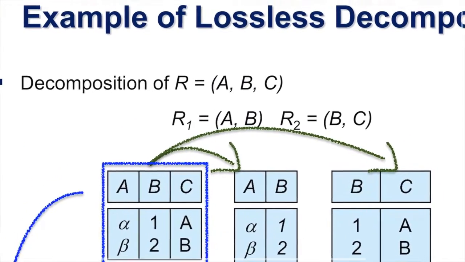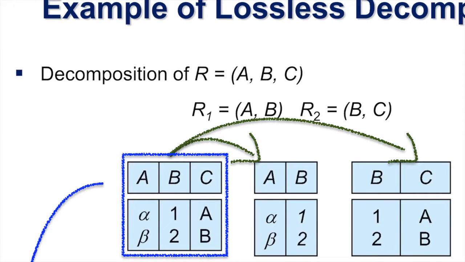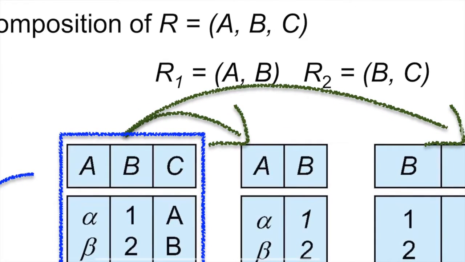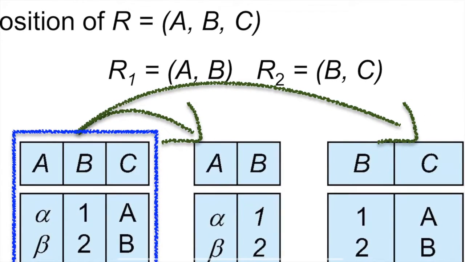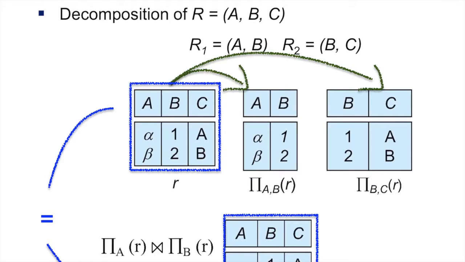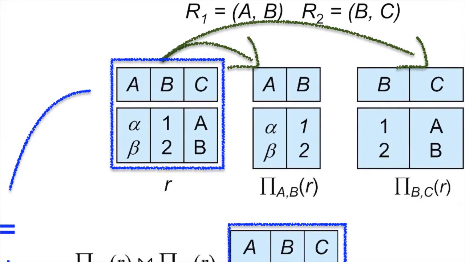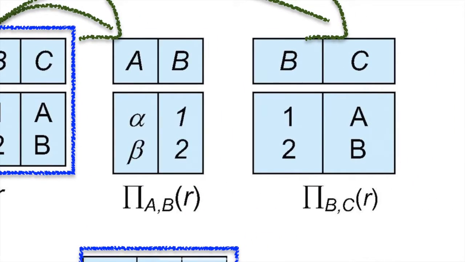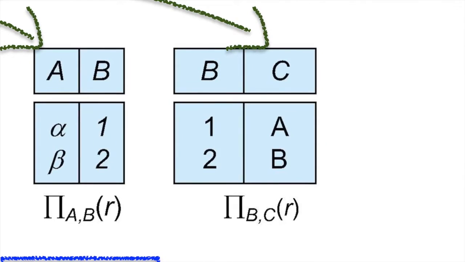Suppose we have a relation with attributes A, B, and C, and then we decided that we will decompose the set of attributes to set 1 containing A and B, and then set 2 containing B and C. So in this particular example, if we just decompose the original matrix, this is its projection on AB and then its projection on BC.